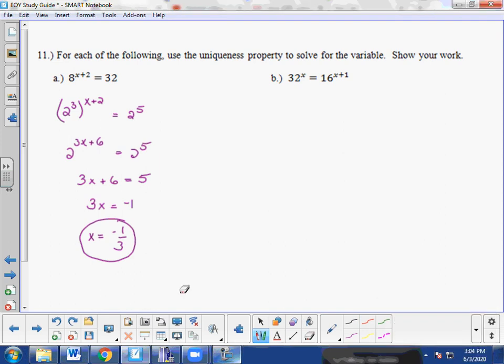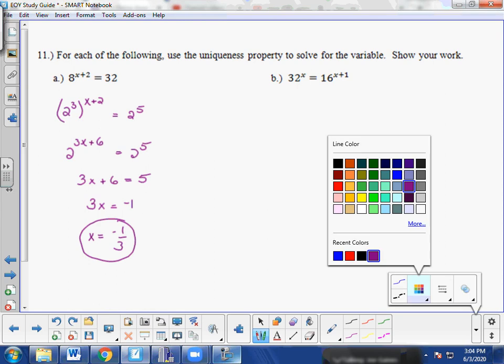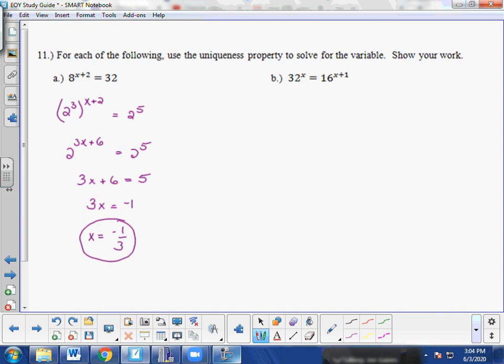And you can always check that by taking negative 1/3 and substituting it back in, and you'd find that this would work. Let's go ahead and do the same thing for b, the same concept. So let's break these two down into a number that they can both be the same power of. In this case, we could use, again, the number 2. So 32 can be rewritten as 2 to the fifth. 16 can be rewritten as 2 to the fourth.